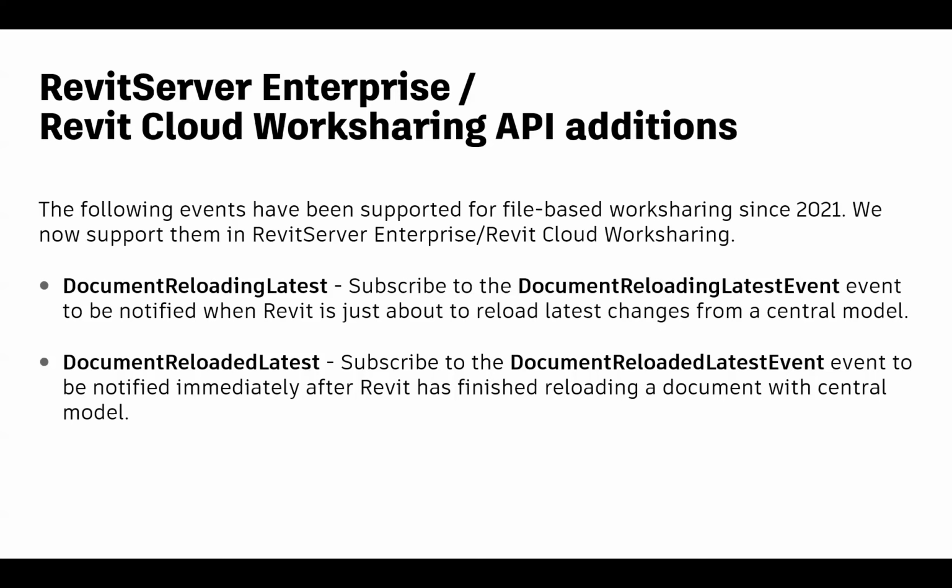DocumentReloadingLatest: subscribe to this event to be notified when Revit is just about to reload latest changes from a central model. And DocumentReloadedLatest: subscribe to this event to be notified immediately after Revit has finished reloading a document with the central model.